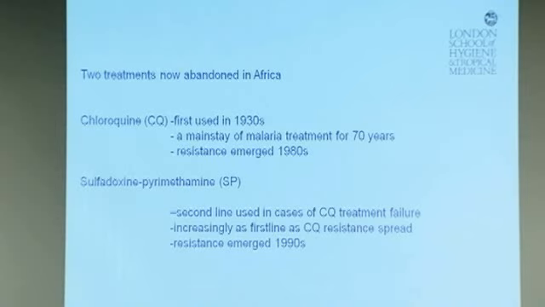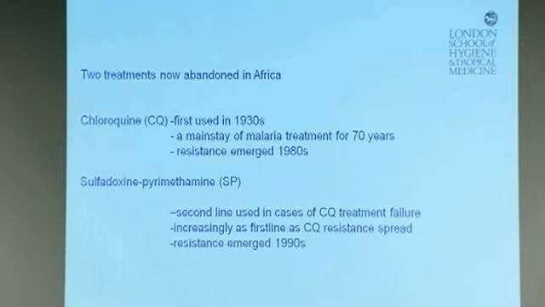There have been two major treatments in Africa historically, both now abandoned as first-line therapy for treatment of malarial disease, and those are chloroquine and sulfadoxine-pyrimethamine, which is usually abbreviated to SP. Chloroquine was used from the 1930s, and it was a mainstay of malaria treatment for 70 years.